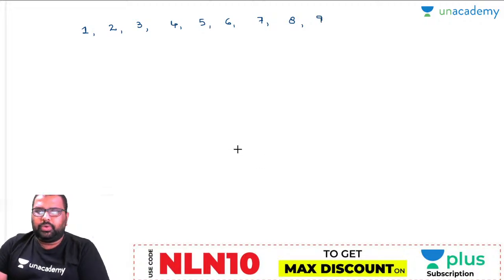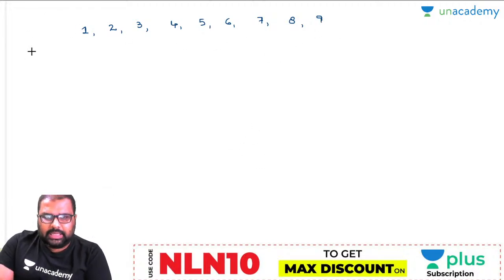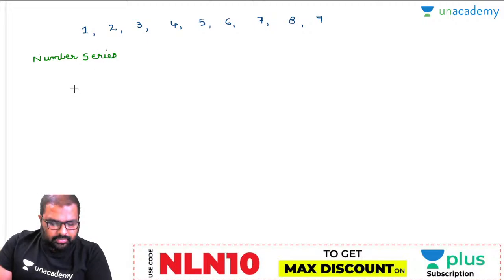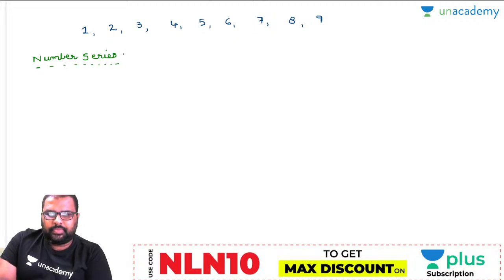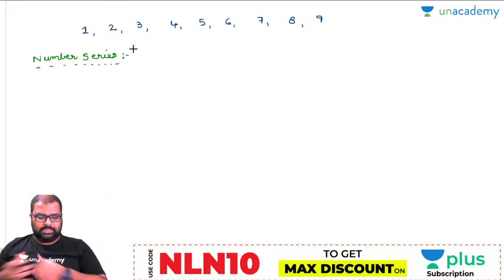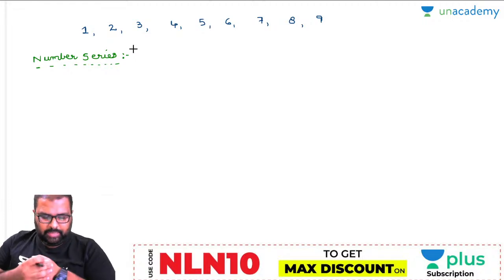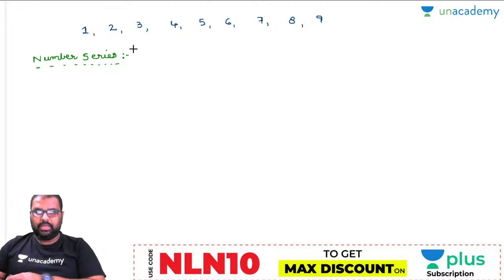Now let me know, if this is a number series class, what type of number series is this? Already I have discussed this with you in the previous classes, am I right or wrong? In ratio, proportions and variation. You must not miss this, right? In number series class, what type of number series is this? Can anybody say?